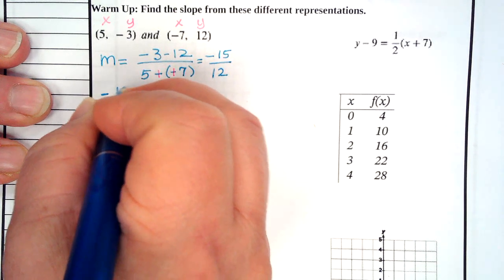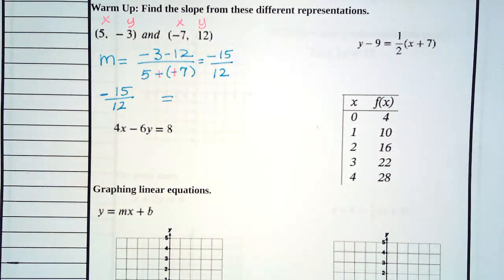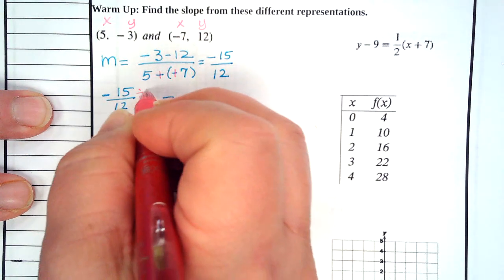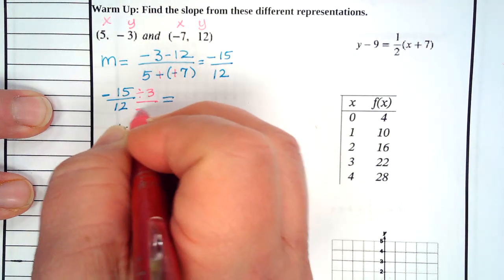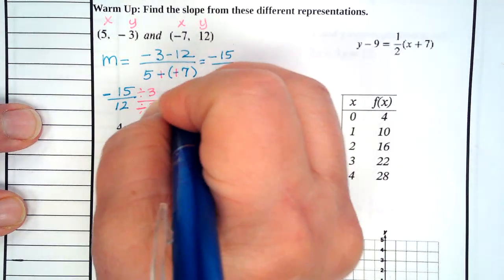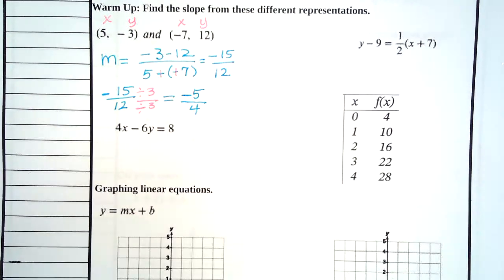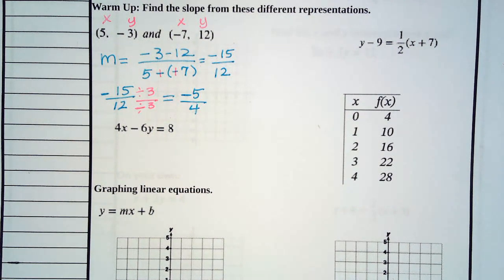So -15 over 12 is equal to -15 divided by 3 is -5, 12 divided by 3 is 4. And our slope is -5 over 4.